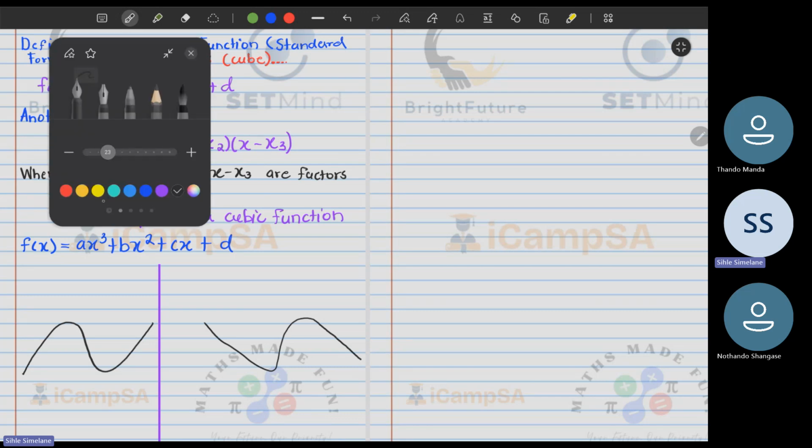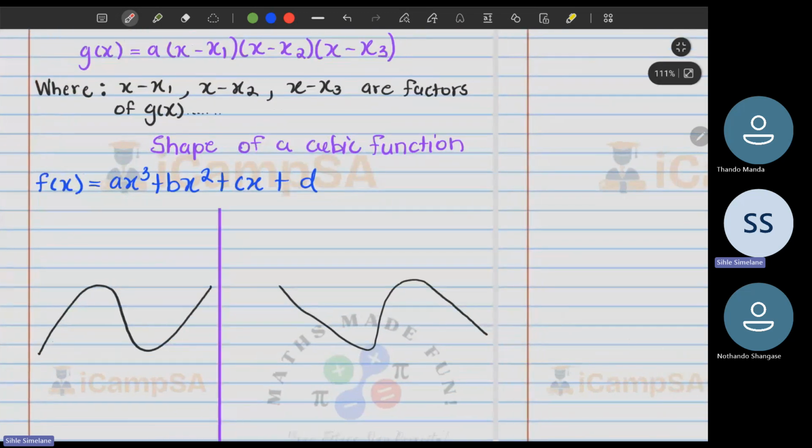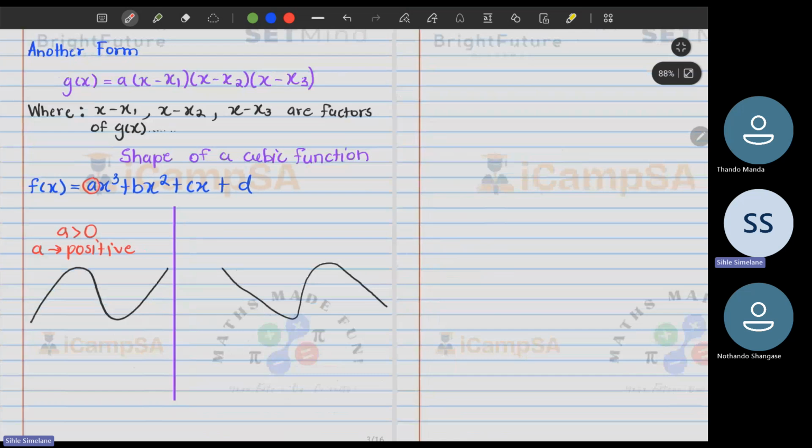So when we look at the right-hand side or the left-hand side, our cubic function looks like this when the value of a is greater than 0, meaning when a is positive. Look at the a we're speaking about. We're speaking of that a. Okay, when a is positive, our graph looks like this.